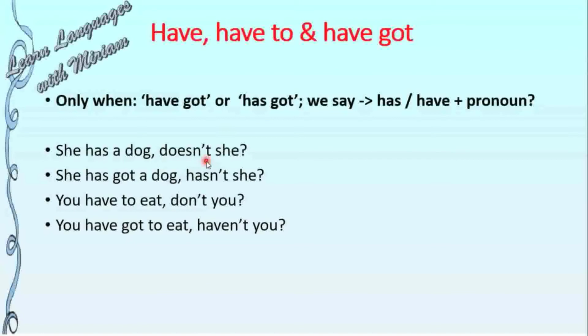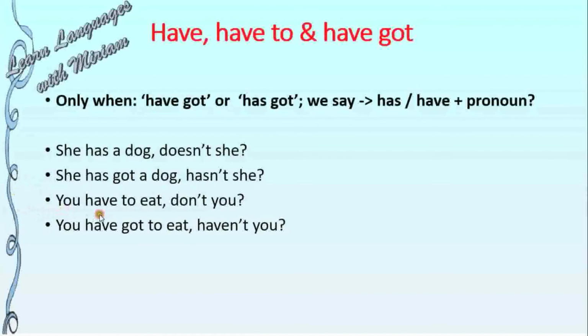Here doesn't, because this is positive, so the question tag is negative. But if we have she has got a dog, hasn't she? Here we have got, so we can use has.